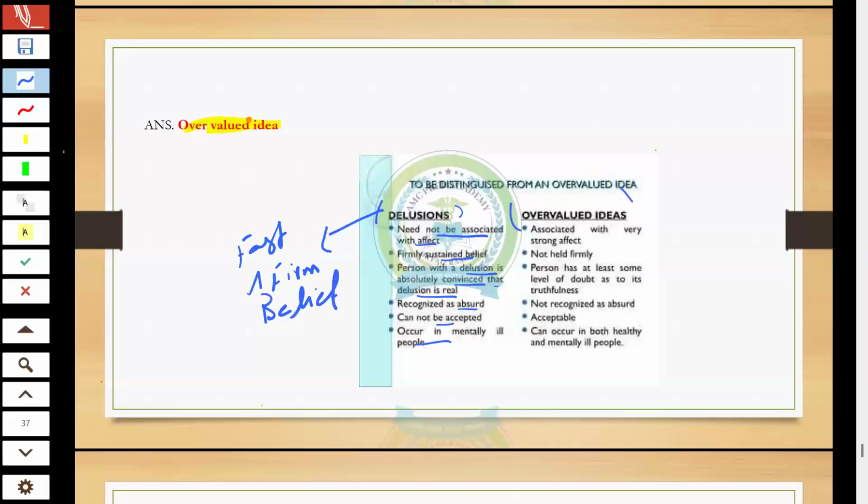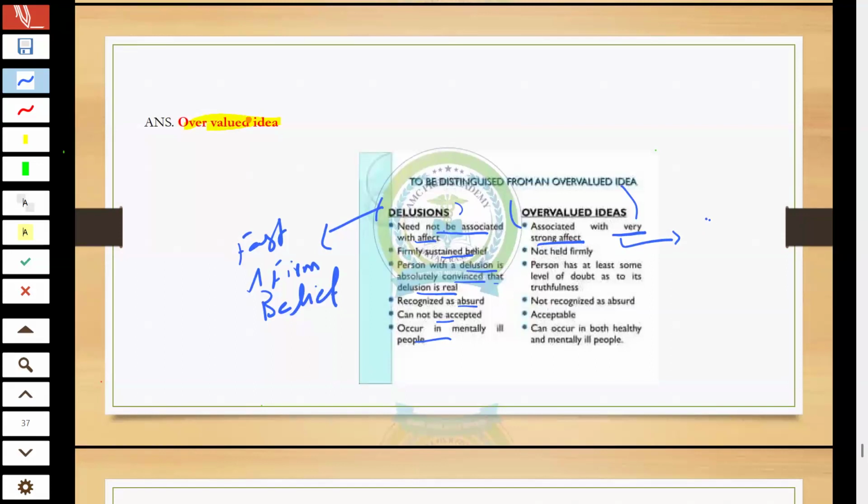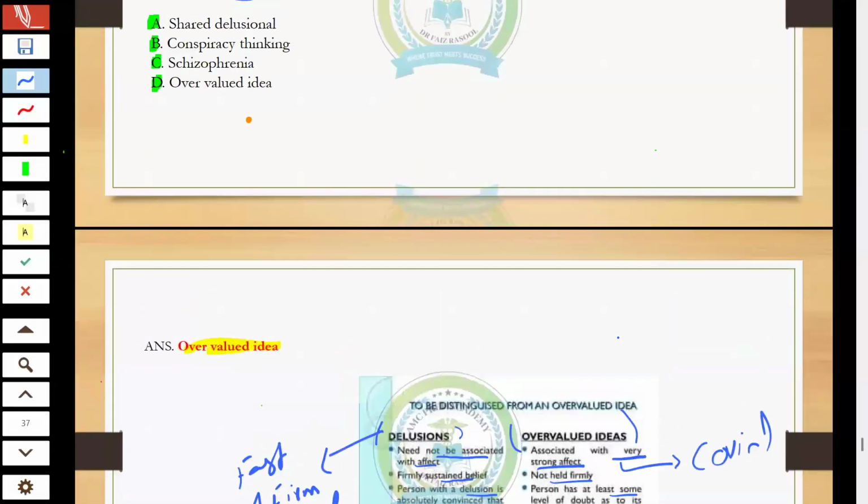Overvalued ideas are associated with very strong affect. In our question, very strong affect due to COVID. Not held firmly; the person has at least some level of doubt, it is acceptable, and can occur in both healthy and mentally ill people. Does it make sense, doctors?